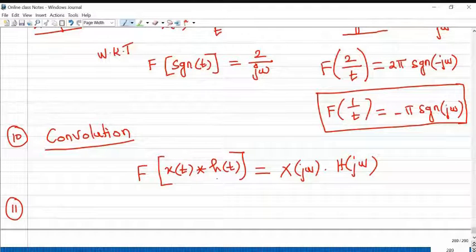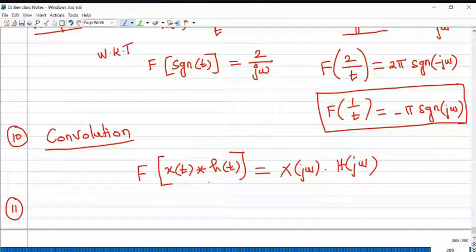This is a very important advantage over the time domain. How do we get the answer in the time domain for x of t convolution with h of t? It is the integral of x of tau, h of t minus tau. We have to shift h of t minus tau from minus infinity to infinity and check the integration limit at each and every shift. In unit 2 we have done it.